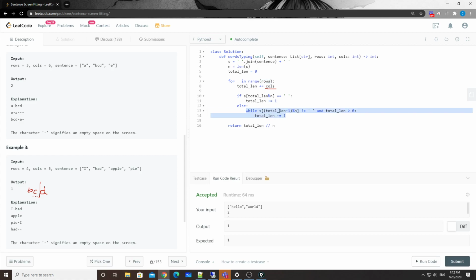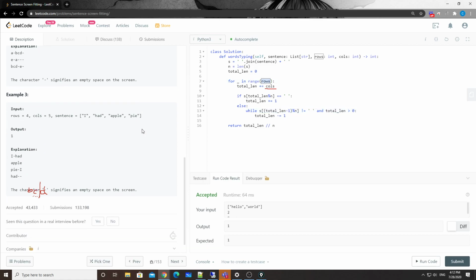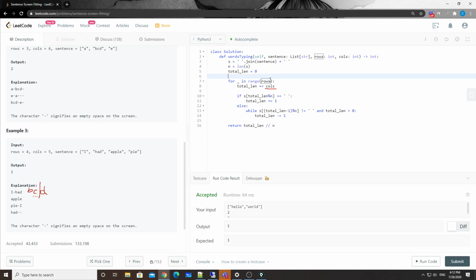It's limited, basically. So here we have M rows, and the time complexity will be M rows times what? We have a while loop here, and the worst case scenario is the longest word in the sentence, right?